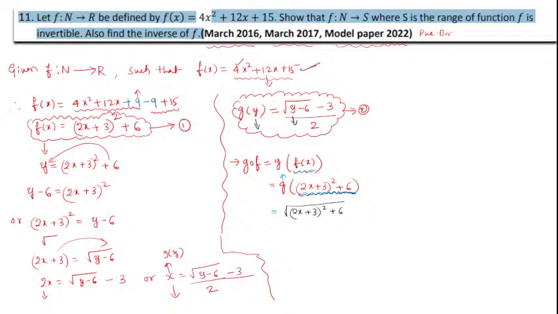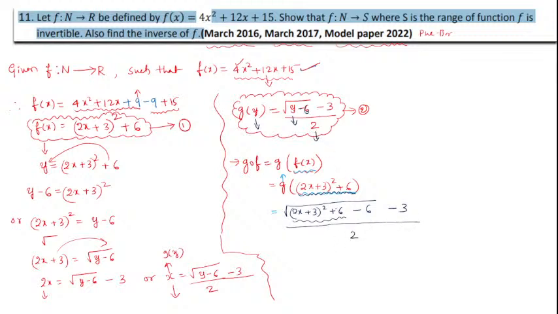Next, what is there here is minus 6, right? So I will write here minus 6. This is completely the y value, that is root of y value. So in the g of y value, wherever y is there, just write 2x plus 3 whole square plus 6. Okay? So I have written the y value minus 6, then you write minus 3, whole divided by 2, so I will write 2.